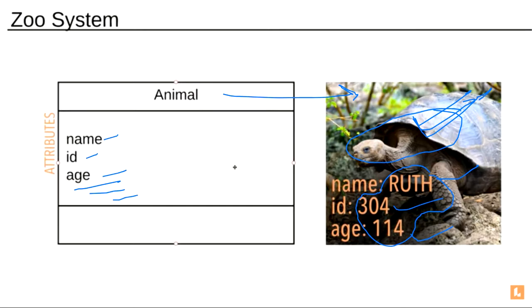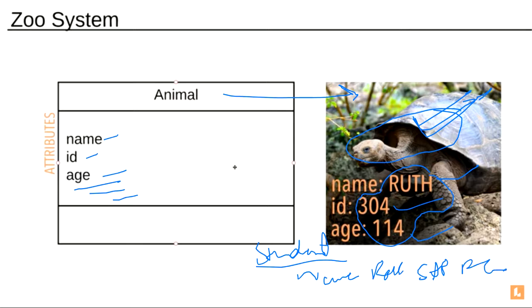For example, suppose you are making a student class, a very classical example. Obviously student name will be a property, student roll number will be a property, your SAP ID will be a property, phone number can be a property, address can be a property. All these things which can identify you or which separate you from other objects are known as attributes.